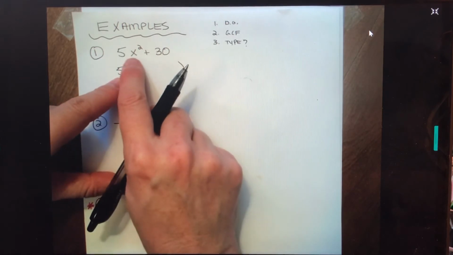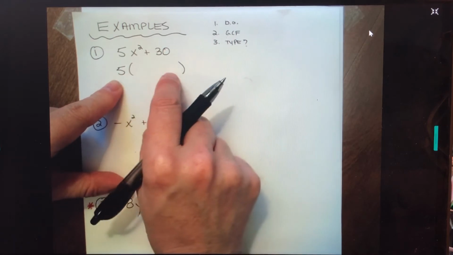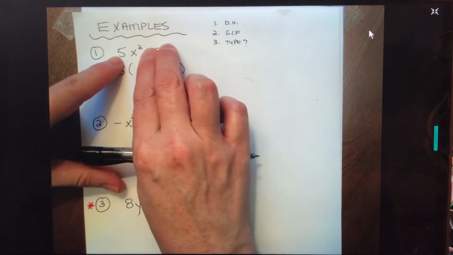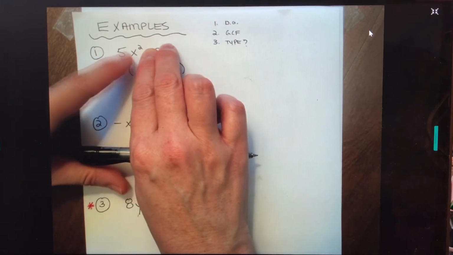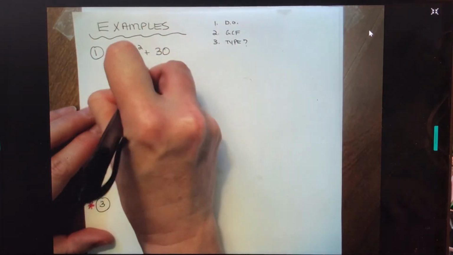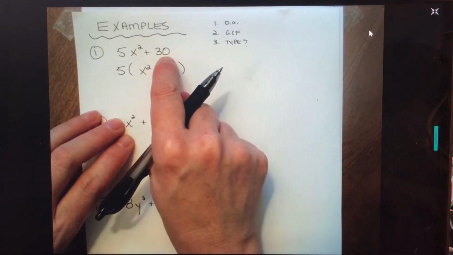You can see that as if you divided each term by the GCF, you'll know what gets left behind. So for example, if we divide 5x squared by 5, the 5's cancel and we're left with an x squared. So that is what would show up right here. And then the second one, if I were to divide 30 by 5, that would give me a 6.